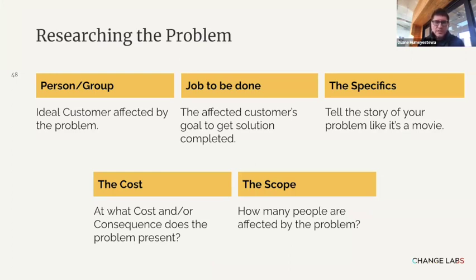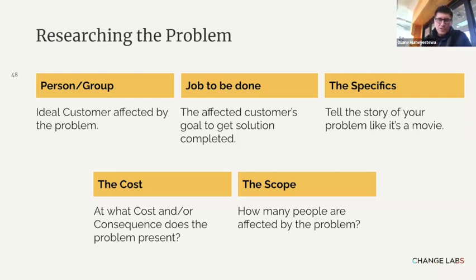Some of these areas to consider are anything and everything from the personas you want to develop in the group category, or the target audiences you want to go after. What are these affected customers going to get out of this solution, or what do they benefit from all of this? And then a part of that is also just looking at the very specifics in the problem. As you tell it, you want to flesh it out like a narrative.